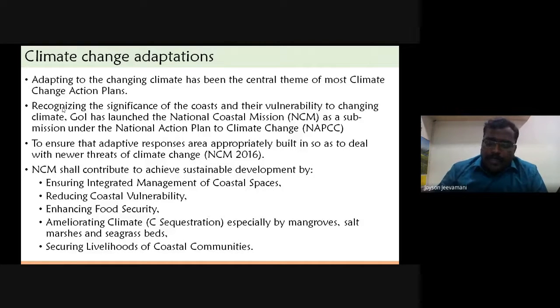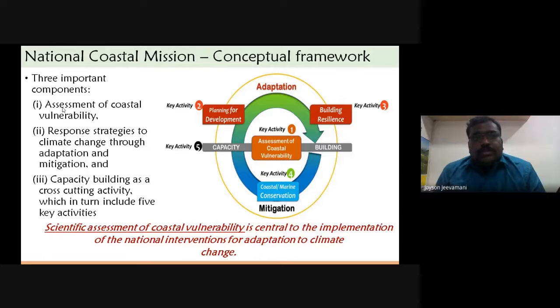So adaptation is one of the main themes of the coastal climate change action plans. This is the National Coastal Mission, the conceptual framework. It has three important components. One is the assessment of coastal vulnerability, which is what I'm dealing with now. Second is the adaptation and mitigation strategies.